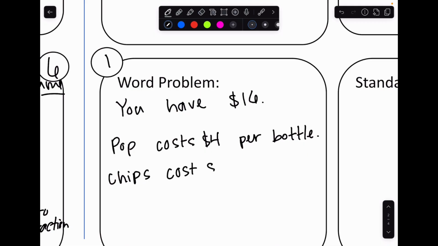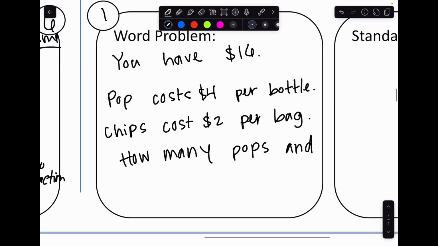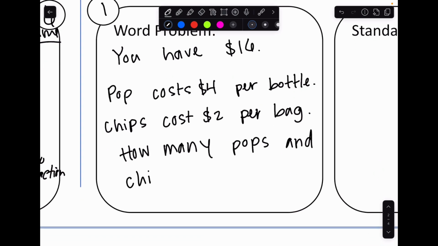What a steal. Okay? Chips cost $2 per bag. Now, how many pops and chips can you buy?